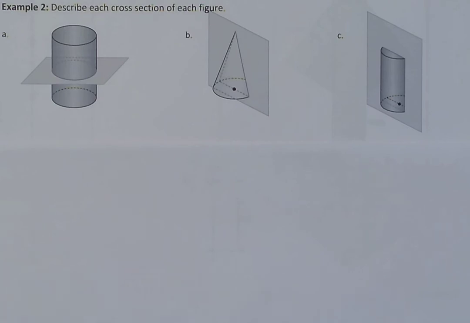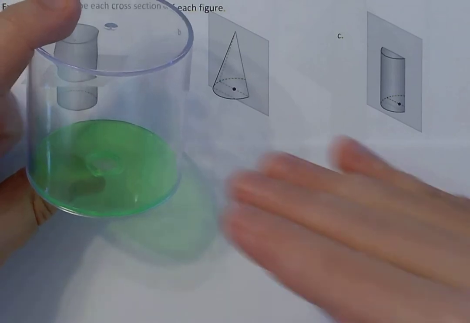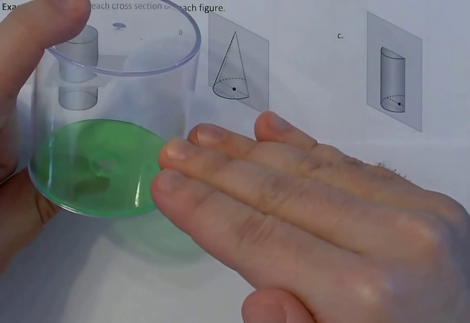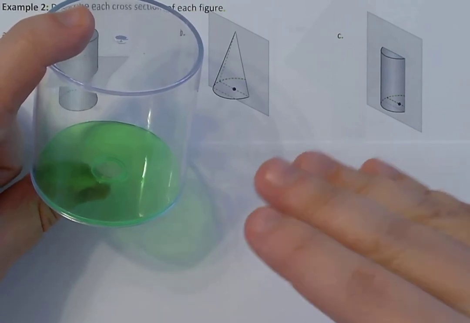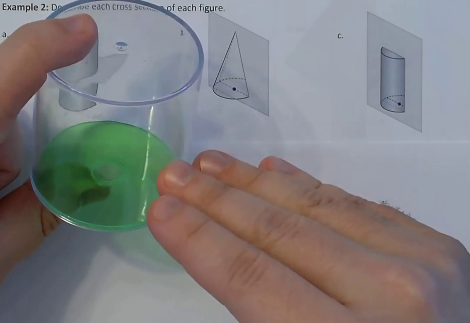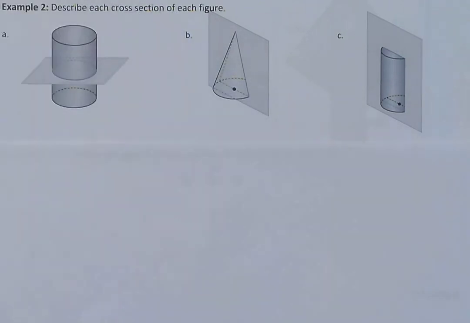So for A, they are taking a cylinder. Imagine a piece of paper cutting through the cylinder, and they want to know where the plane and the 3D shape meet, what shape is formed. What does that cross section look like?